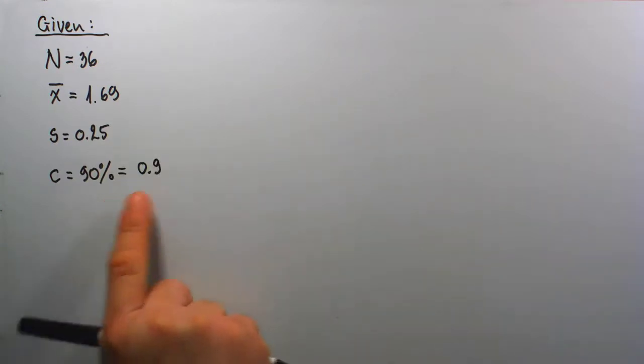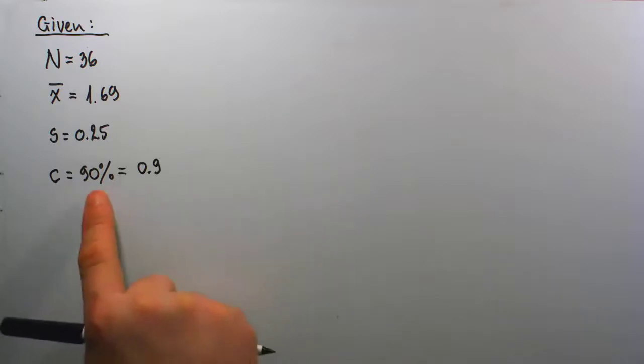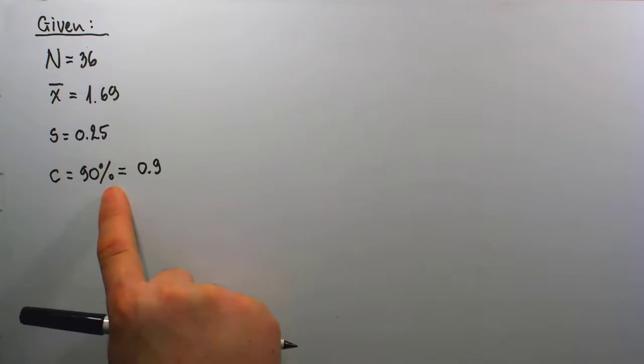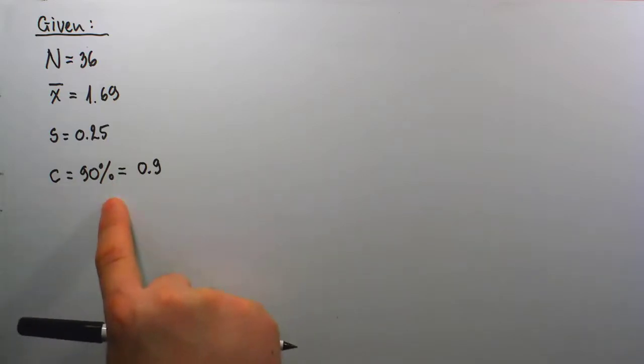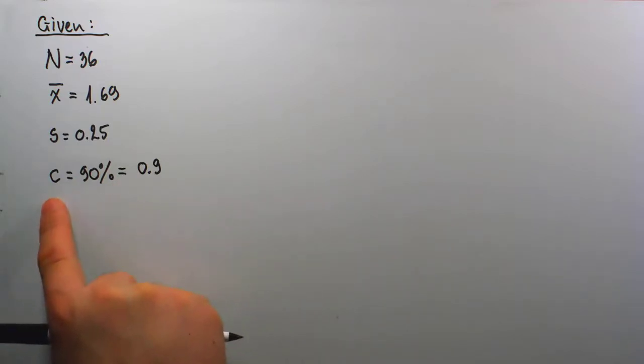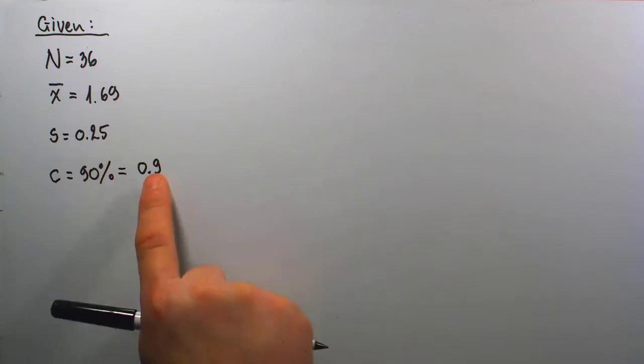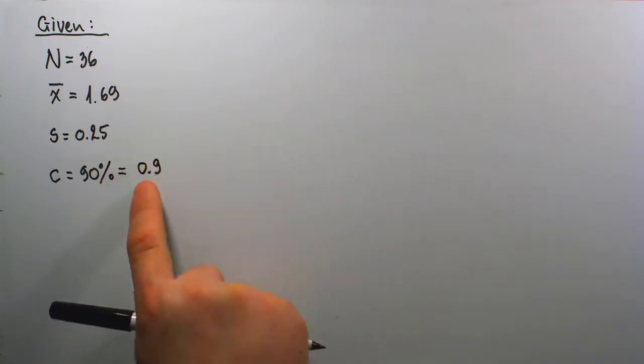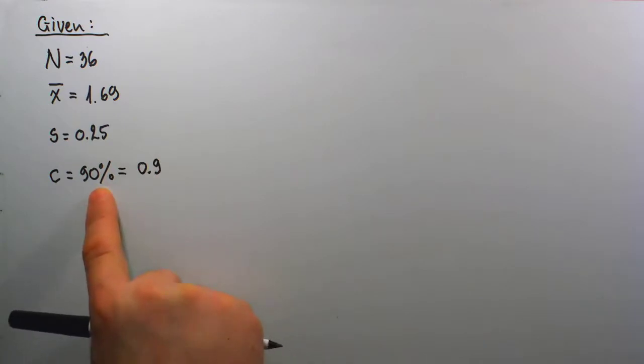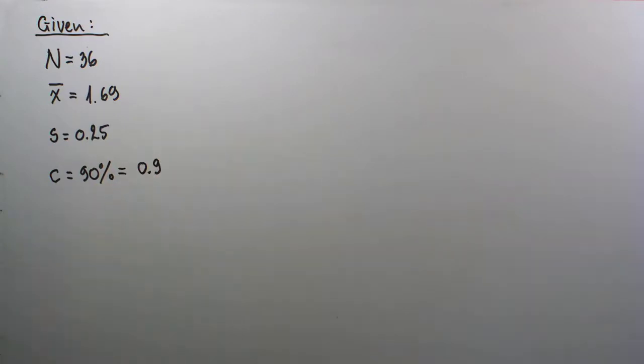Again, just as a clarification, 90% as a percentage is the way it's usually indicated in any worded description of our confidence interval problem. But when we're actually getting into the calculation, we use the decimal expression of our confidence level. So 90% is the same as 0.9.